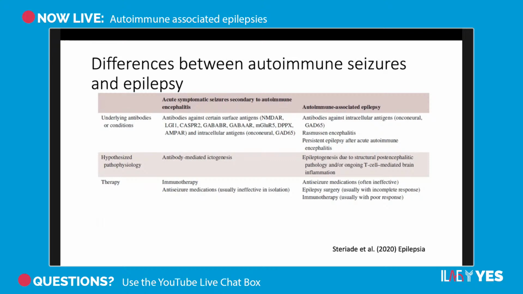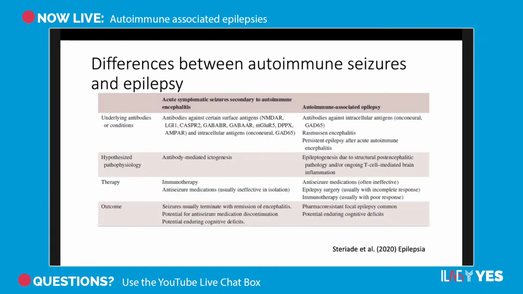Whether that's a function of us not using the right immunotherapy or whether many of these patients are not truly autoimmune, that remains to be seen. And lastly, the outcome is very different. We'll talk a little bit about the seizure outcomes of autoimmune encephalitis in a minute, but many of these patients do well, whereas with autoimmune-associated epilepsy, many of them have refractory seizures and enduring cognitive issues.